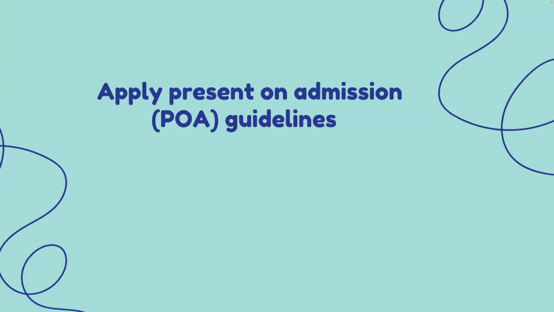So I'm going to correct what I said earlier in thinking that external cause codes were exempt. They are not, unless they're on that list, because there is a guideline that says assign a yes for external cause, and then a no. There is a yes and a no option.